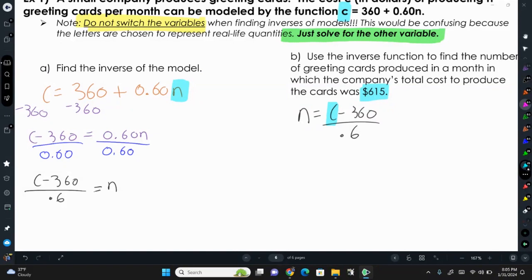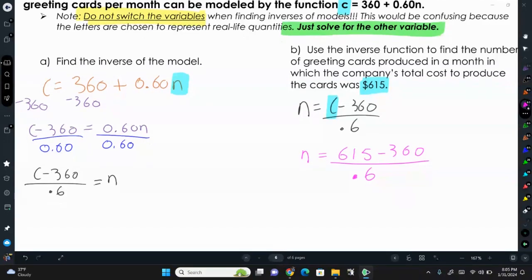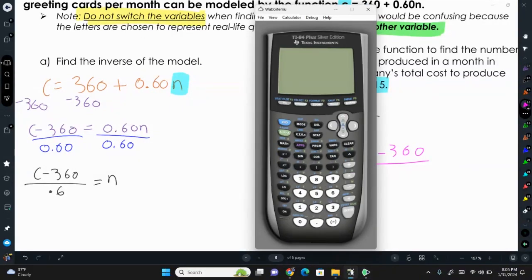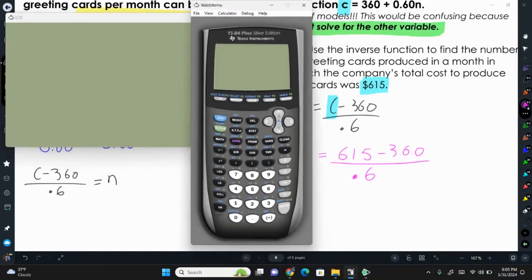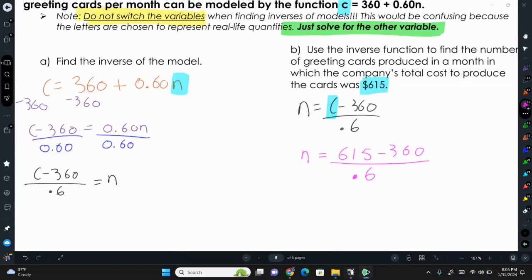So we did all that solving first. So 615 minus 360 all over 0.6. In the calculator, we're going to do 615 minus 360, hit enter, and then divide by 0.6, and we get 425. So n equals 425 cards.